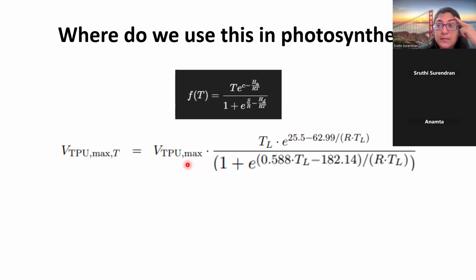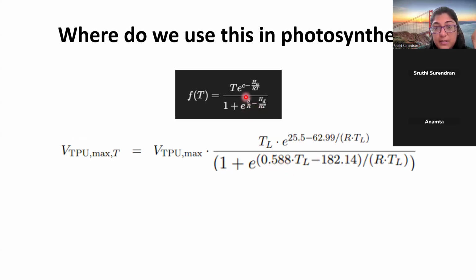Similar to how we found the Vcmax and Jmax values, we find the maximum rate of triose phosphate utilization by multiplying the value at the reference temperature with the temperature of the leaf into e to the power of c, where c is 25.5, 62.99 is the activation energy, R and TL we know, and here this value S by R.